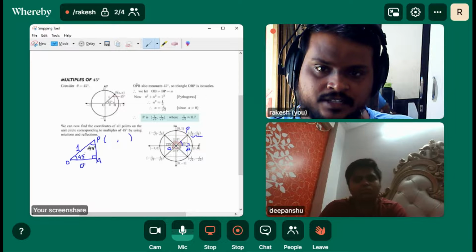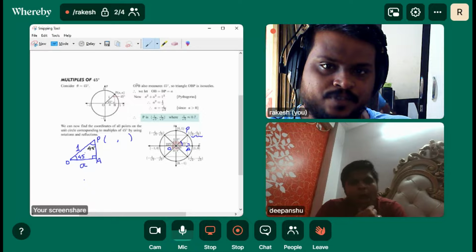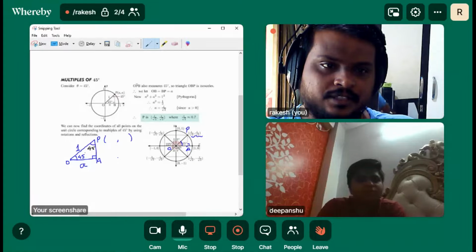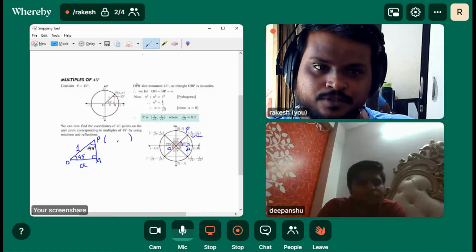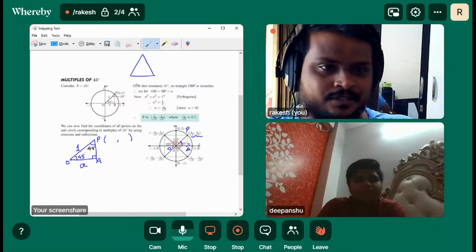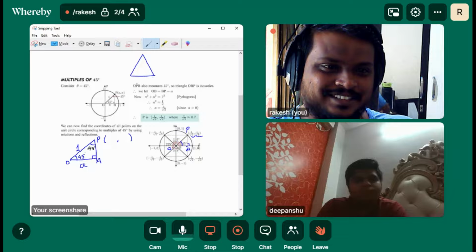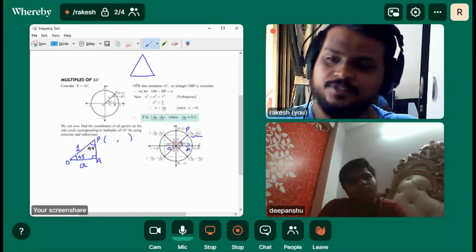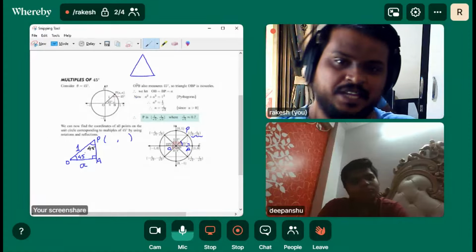So if I tell the length of OA is A, what would be the length of PA? नहीं नहीं, टफ क्वेश्चन हो गया अभी. A. हाँ, देखो. A. पक्का. Yes, sir. Why? What is the reason of PA being A?